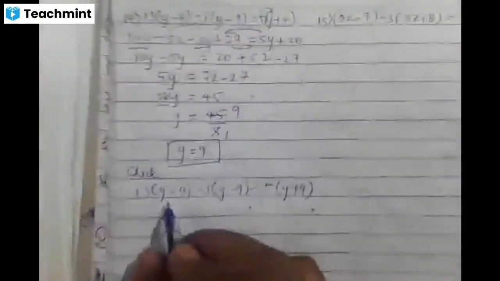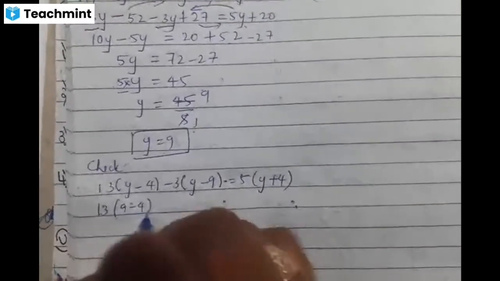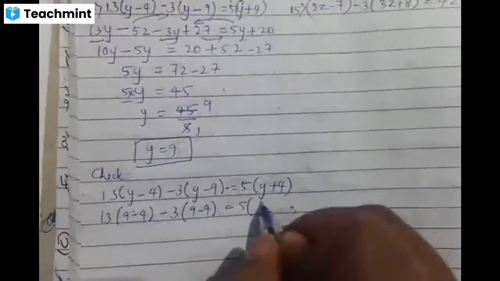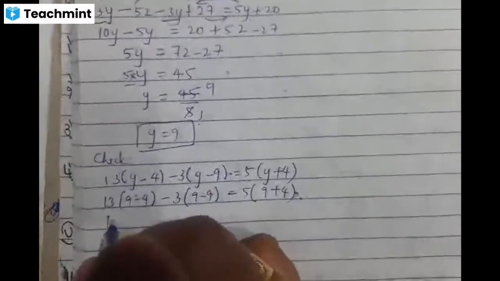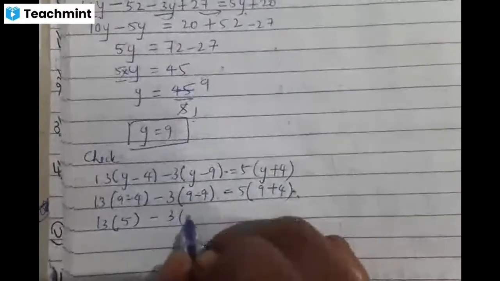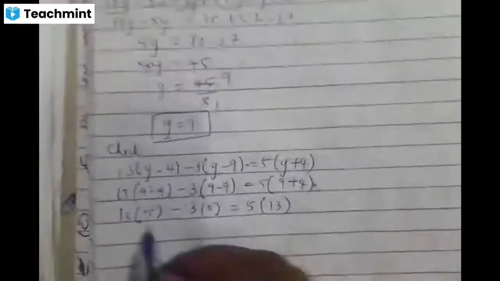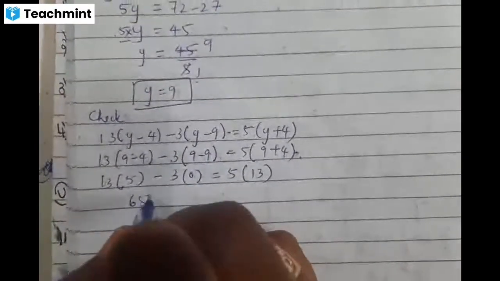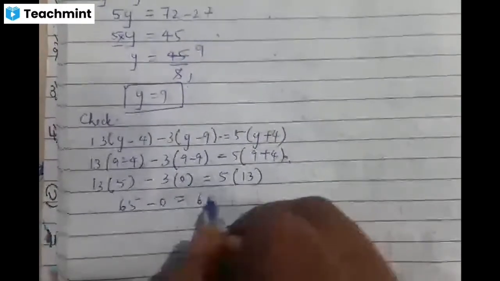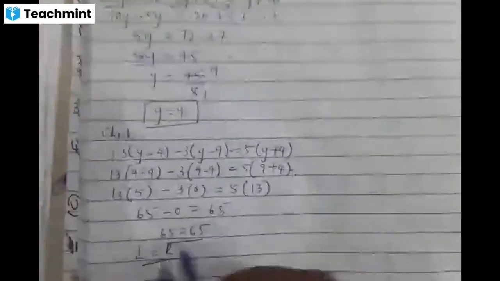In place of y, we are going to substitute 9: 13 into 9 minus 4, minus 3 into 9 minus 9, is equal to 5 into 9 plus 4. 13 into 9 minus 4 is 5, minus 9 minus 9 is 0, is equal to 5 into 9 plus 4 is 13. 13 fives are 65, minus 3 into any number is 0, minus 0, 13 fives are 65. Therefore, 65 is equal to 65, LHS is equal to RHS.